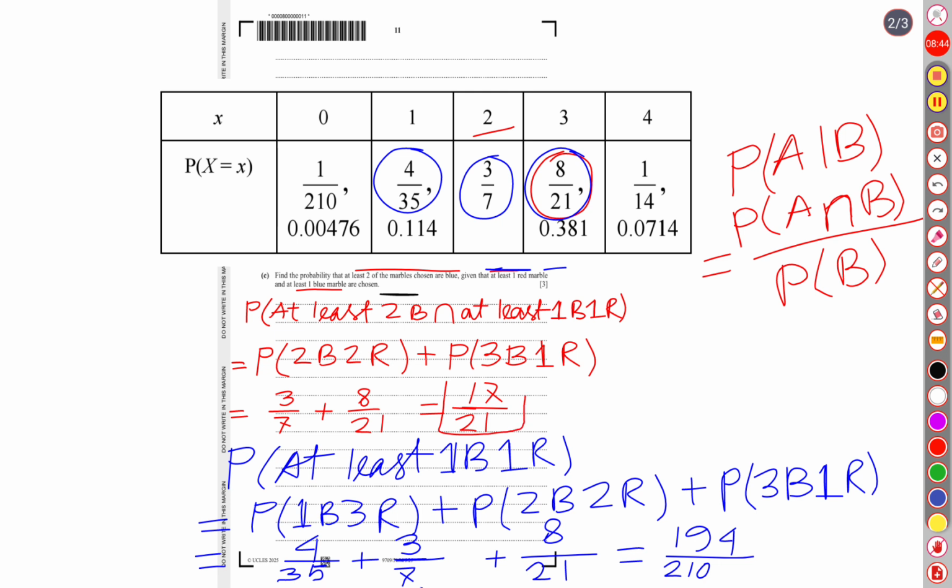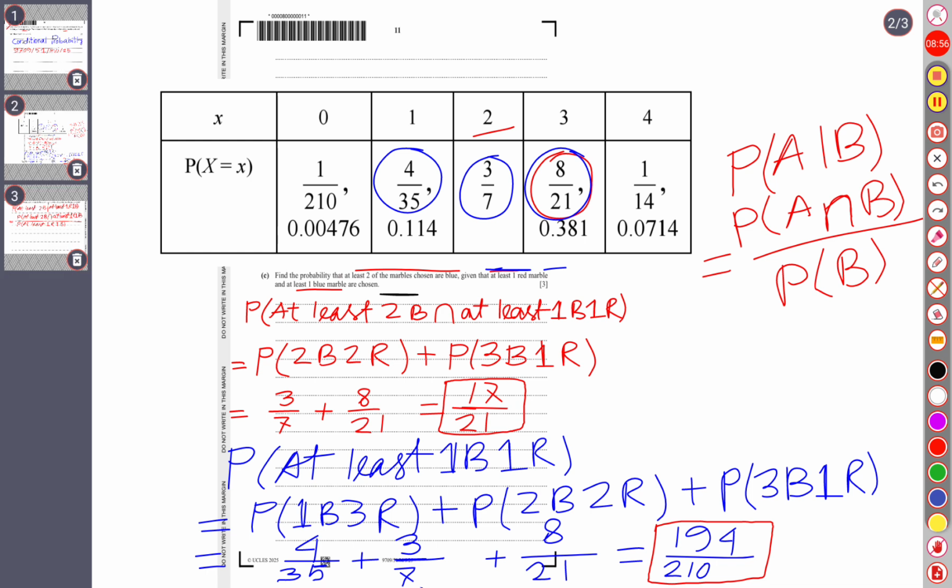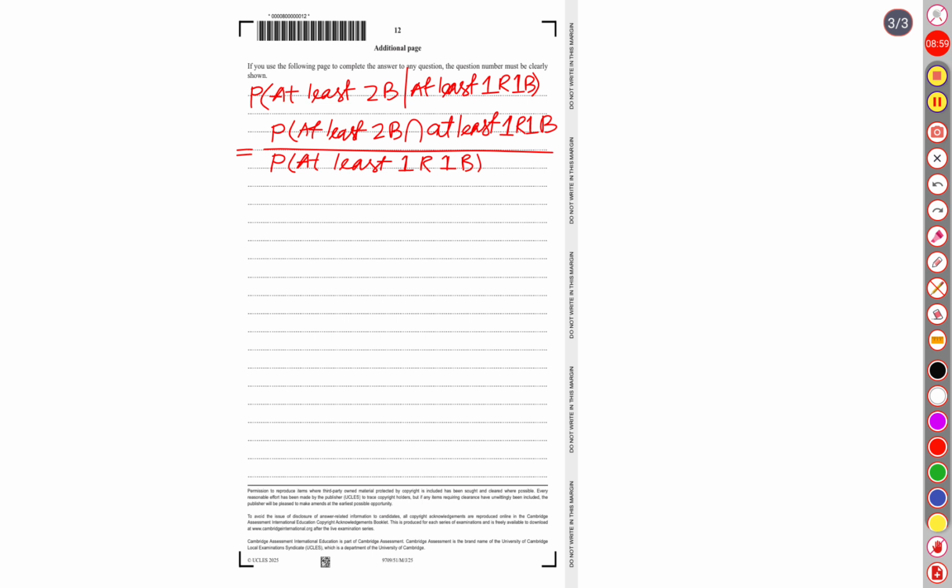So we have already found both of the components. The numerator is 17 over 21 and the denominator is 194 over 210. Let us substitute these values: the numerator, at least two blue intersected with at least one red, one blue, was 17 over 21, divided by 194 over 210.